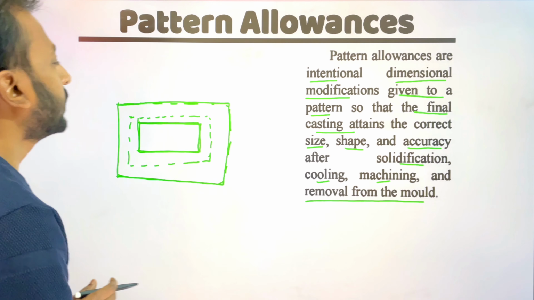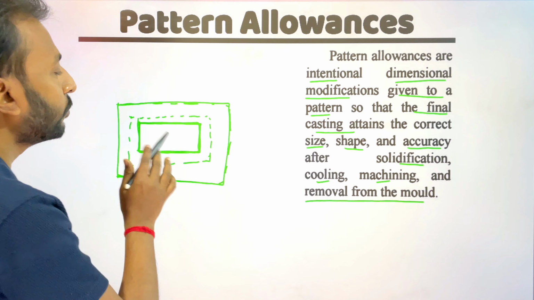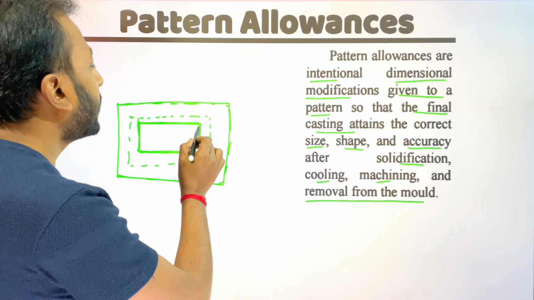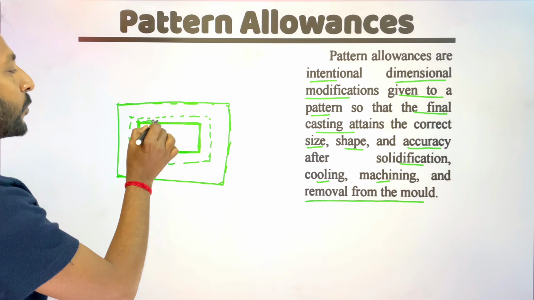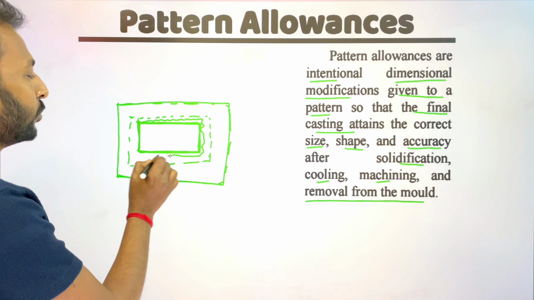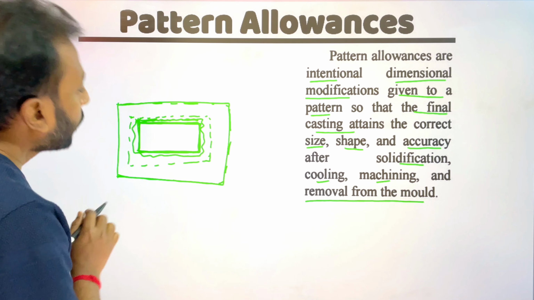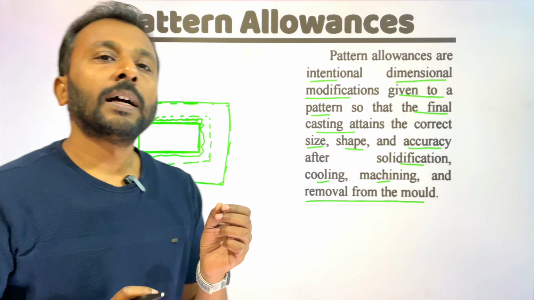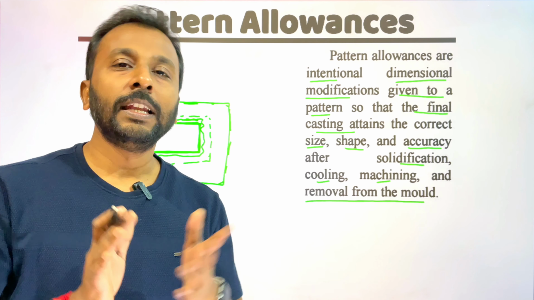Another type is, this is the original product we have created using the casting process. So after removing it from the mold, the surface of the product will not be smooth. So we have to machine the surface. For the machining operation, some metal from the product we have created will be eliminated.